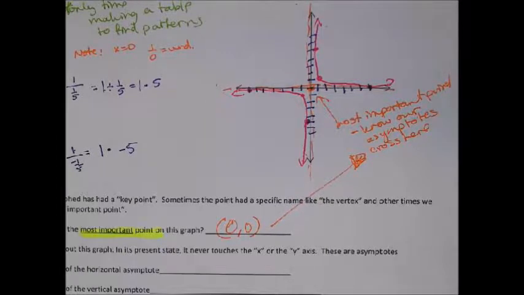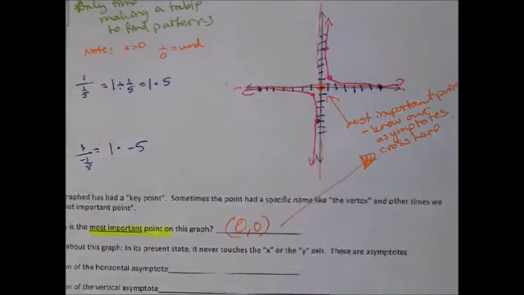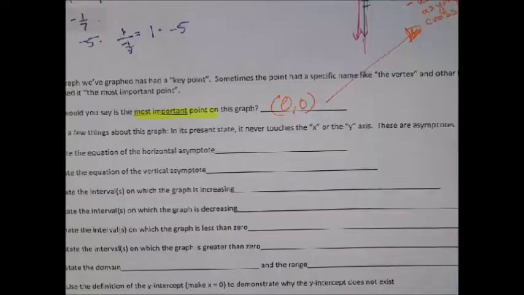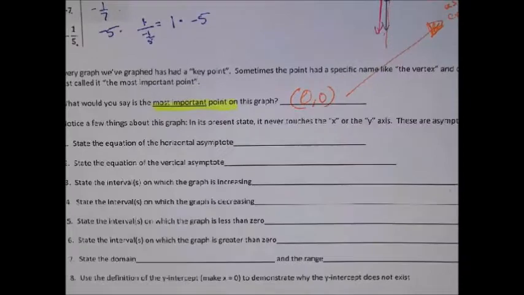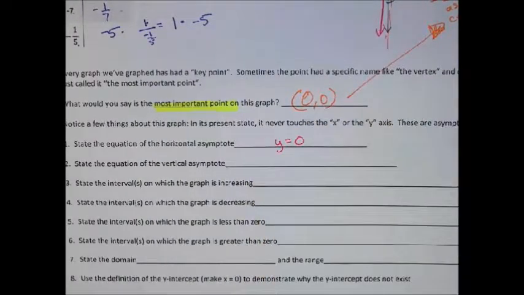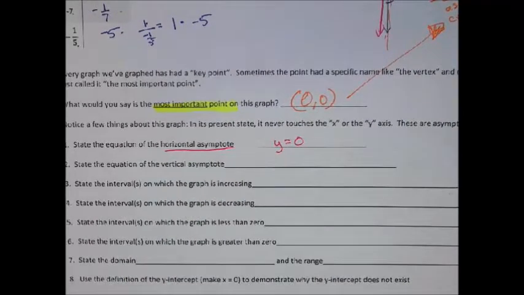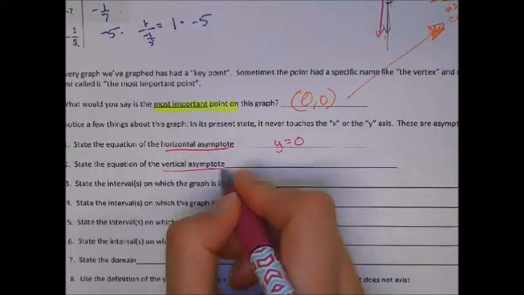Okay, question 1 asks us to state the equation of the horizontal asymptote. The horizontal one is this one. Horizontal lines are y equals, so the horizontal asymptote is y equals 0. Next, we're going to do the vertical asymptote.